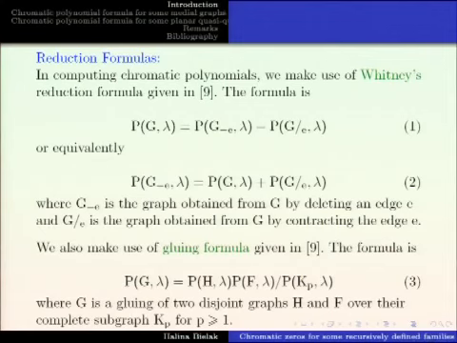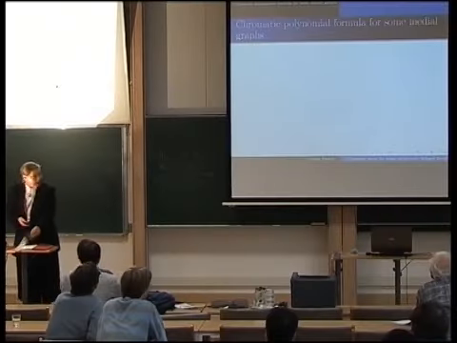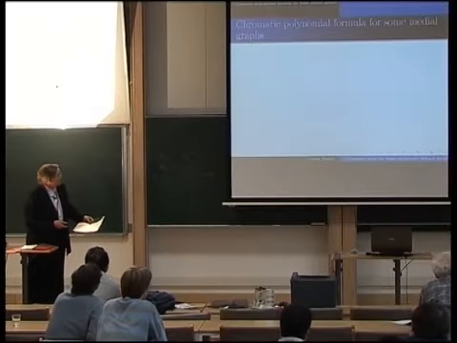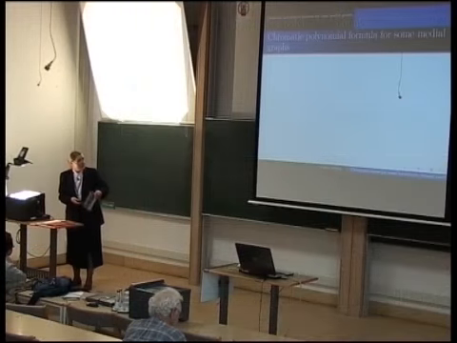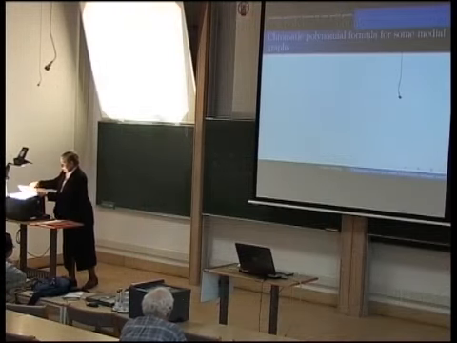These formulas are very nice, and I use them for counting the explicit form of the chromatic polynomial for some families. First, I would like to present the definition of the medial graph, because I would like to consider this special case of family. What is the medial graph?